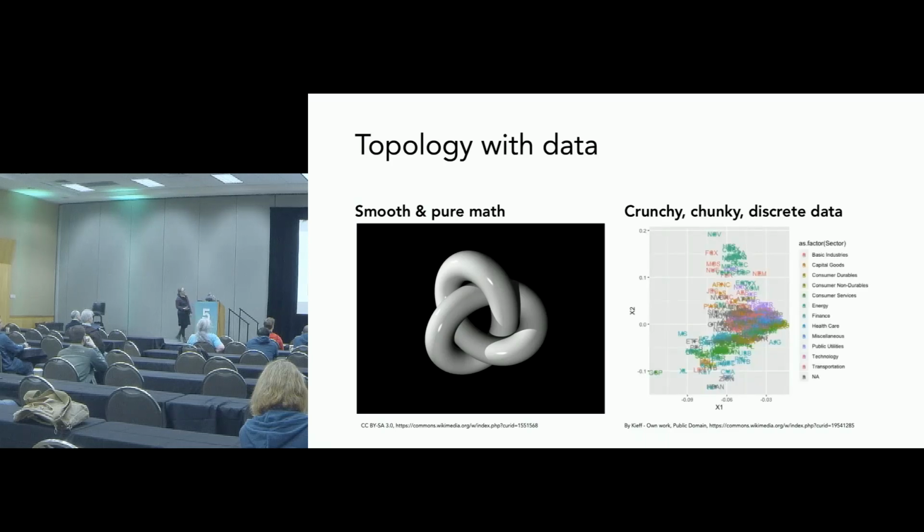Instead, you have something more like this. This is the S&P 500 stocks over a period of years and how they are in relationship to each other. So that's a dimension reduction. I've got 500 stocks, but I squished it down to the two most important dimensions in terms of variance in their stock prices. That's not beautiful.